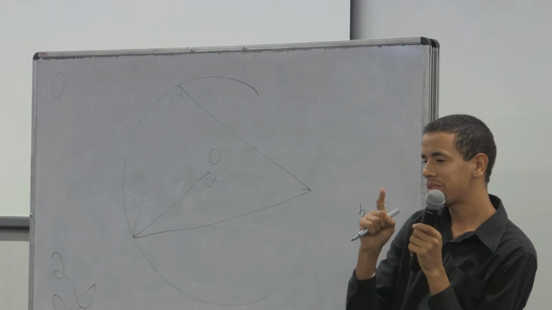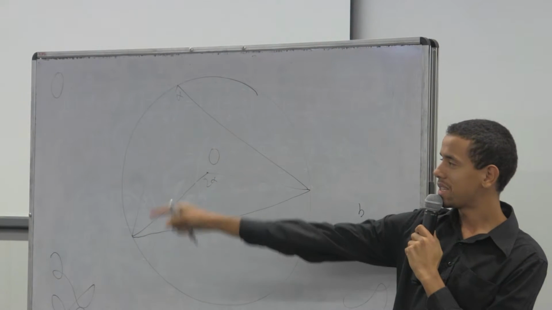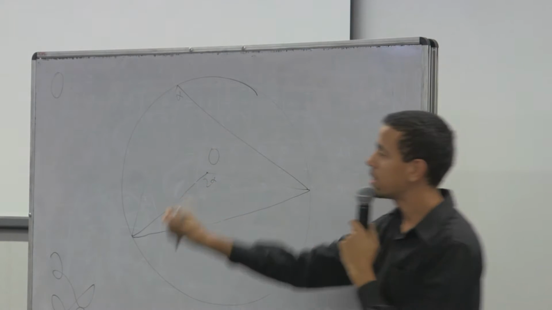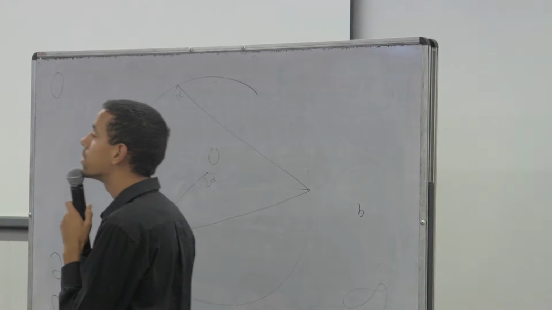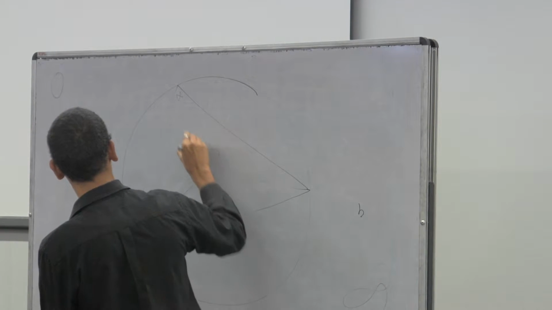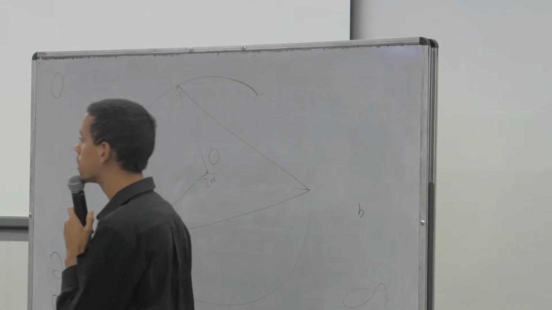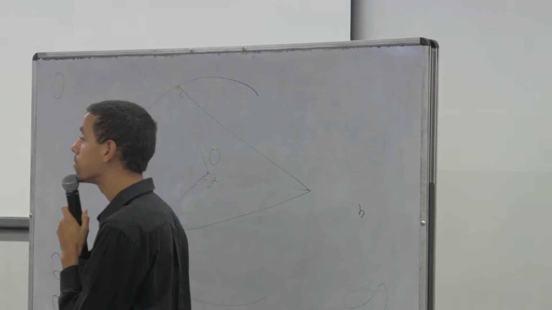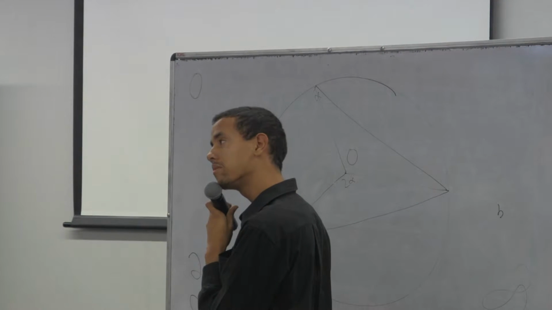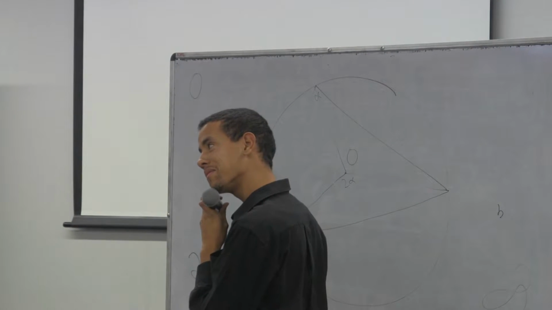Okay, how about someone on that side? Okay, I've got a guy with a hand there. How do you prove it? You draw another radius from O to the higher point. And then you have three isosceles triangles.